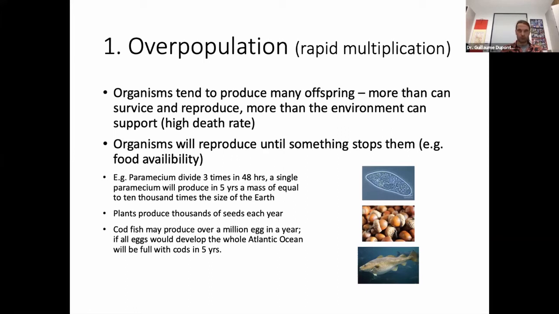If they would all develop, the ocean would be full with that species within a few years. So this is what Darwin means. Normally, organisms tend to produce a lot of offspring until something is limiting it.